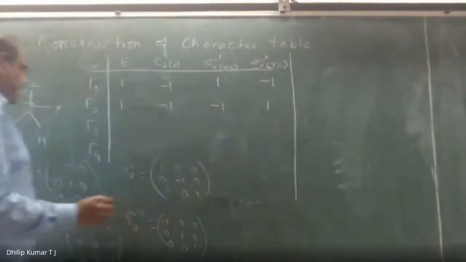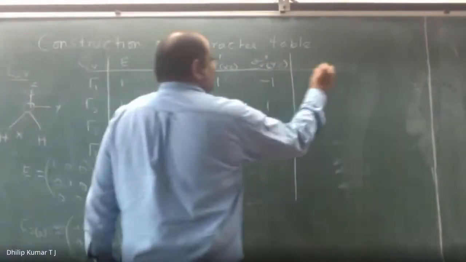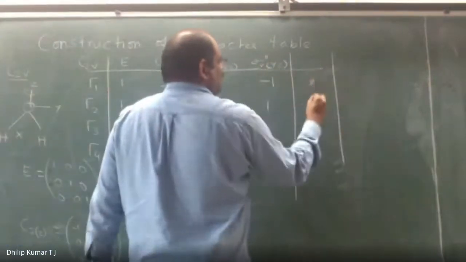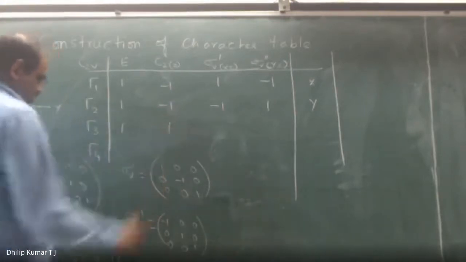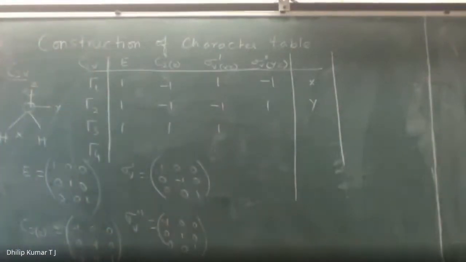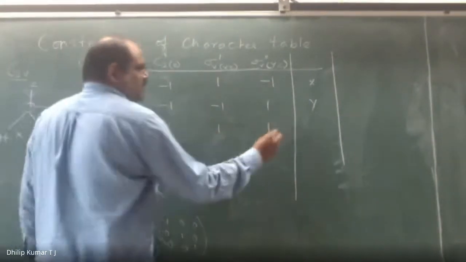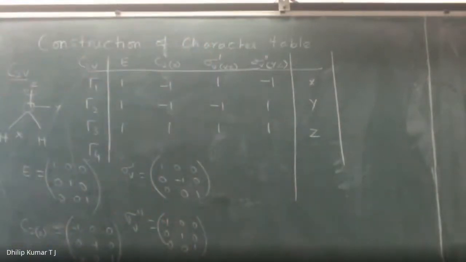Third one also: this is for the x-axis, this is y-axis, z-axis. Let's see for z. For E it is 1, for C2 it's again 1, for sigma v prime again 1, for sigma v double prime again 1. So all 4 are 1.